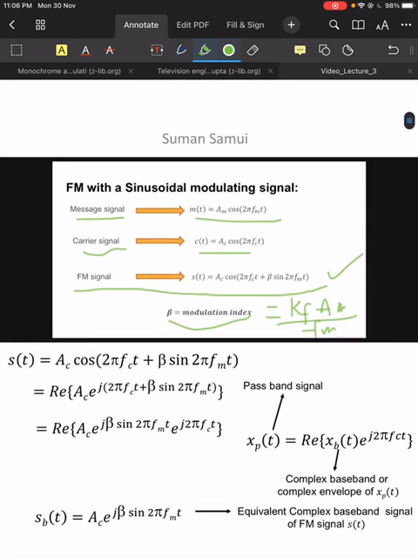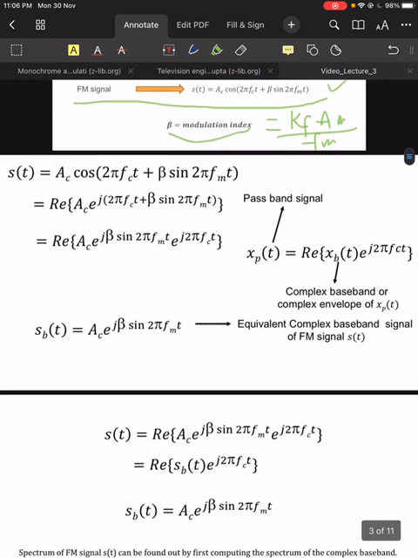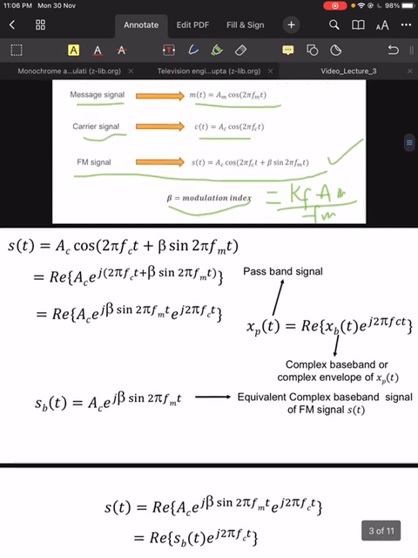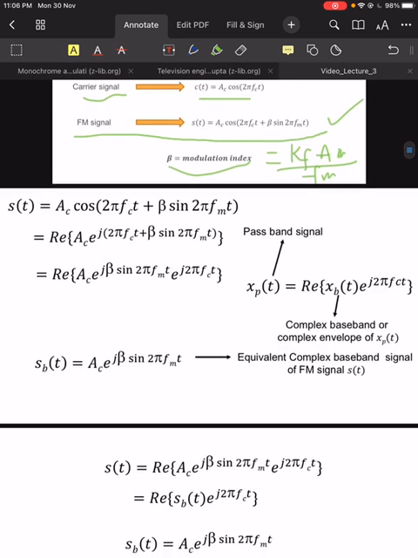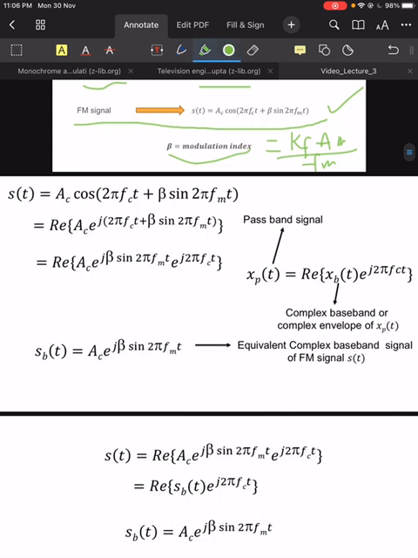Now we will proceed from this time domain expression, and we will see how we can calculate the spectrum of FM signal, right? Now s(t) equals this expression. Obviously we can write this in analytical form, as the real part of this exponential function.